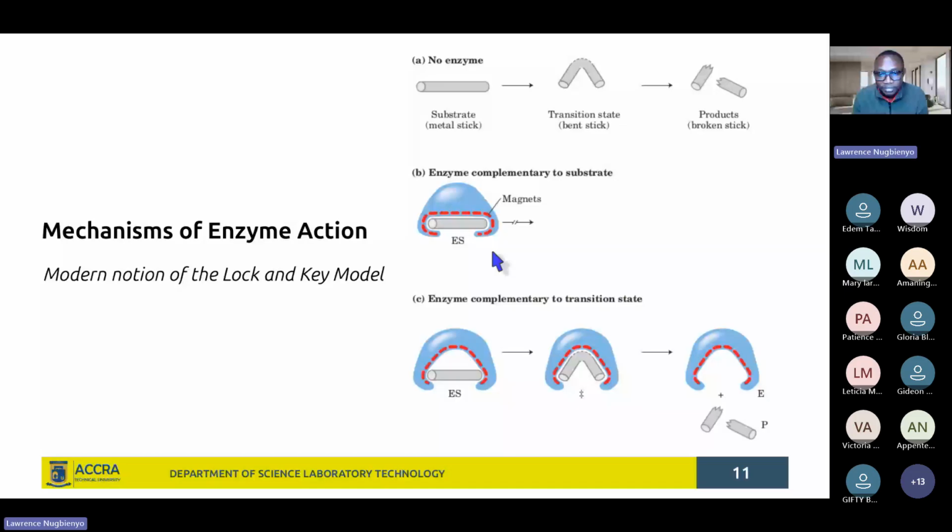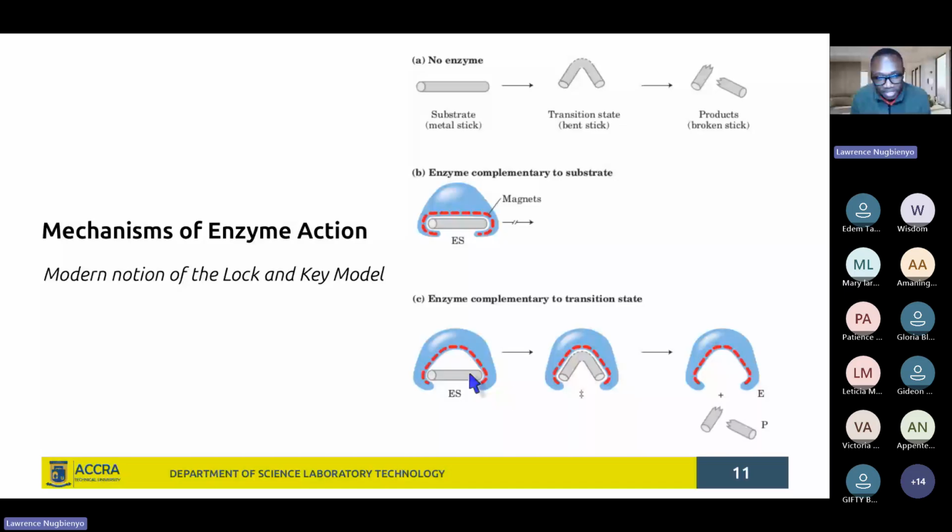And so the idea was modernized to show that actually what should have been is that you have a substrate that is not perfectly fit.